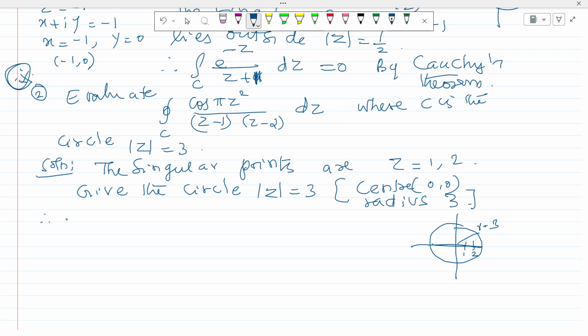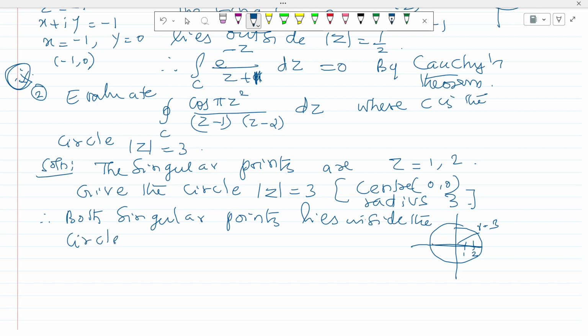Therefore, both singular points lie inside the circle mod z equal to 3.